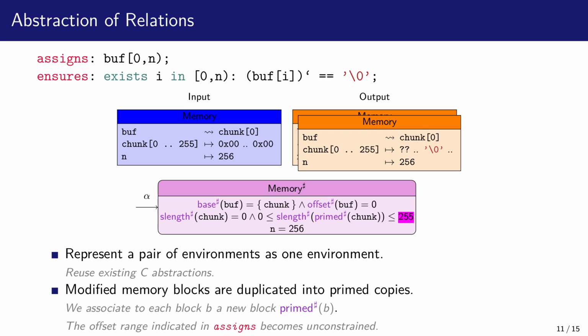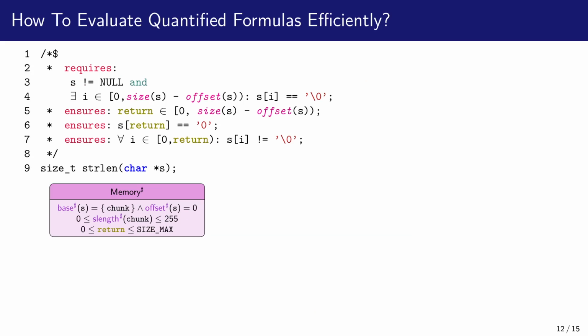We use a quantified formula here to do that. And now let's see how we can handle them in our analysis. Let's illustrate that through an example of calling the function strlen on the chunk array. The stub contains some quantified formulas, and as I have said earlier, we have a generic domain to handle them as loops.